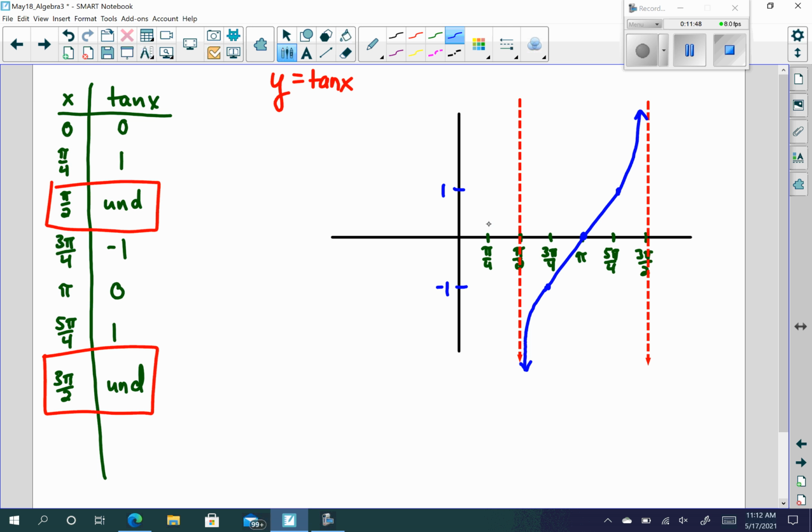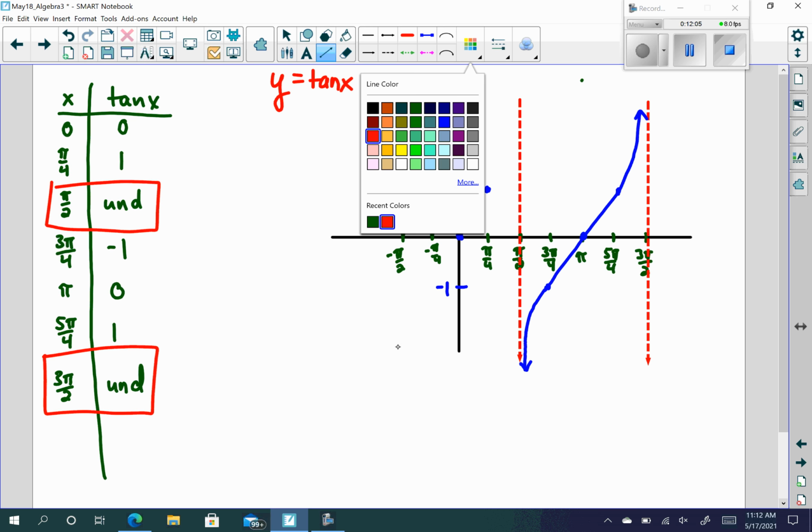So over here at pi over 4, we'll be up at 1, and then we'll have 0. I'll continue this over here. If we had a negative pi over 4, and then we have a negative pi over 2. Negative pi over 2 would give us another vertical asymptote.